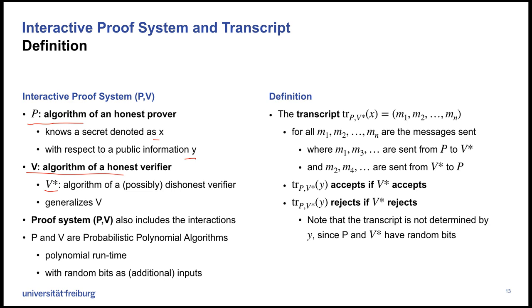And this generalizes the verifier notion. So the dishonest verifier could inject some kind of questions into the answer. Here in this example, it's not quite obvious how to do that, but in general, this is a huge problem. The proof system also includes the interaction, and we assume that these are probabilistic polynomial algorithms.